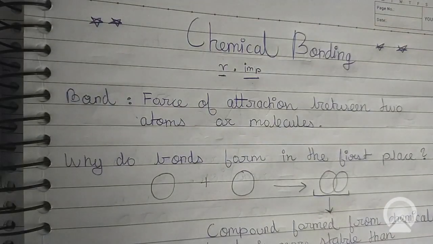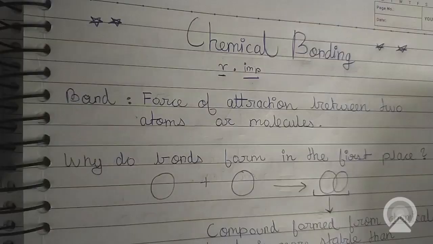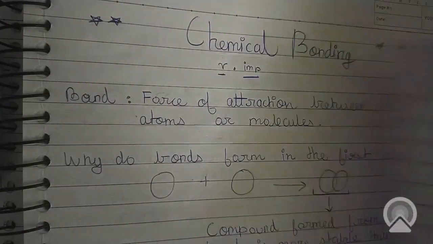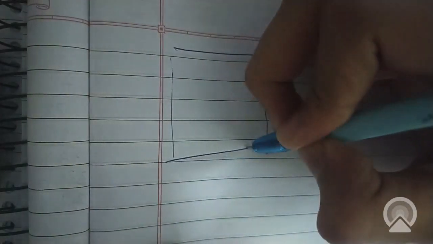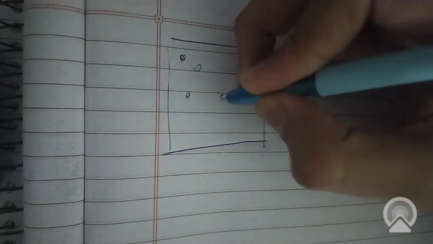So let's get started. First of all, before we get into it, let us understand how bonds are formed in the physical world, right? So what happens is that there is a container, and there are many molecules here.